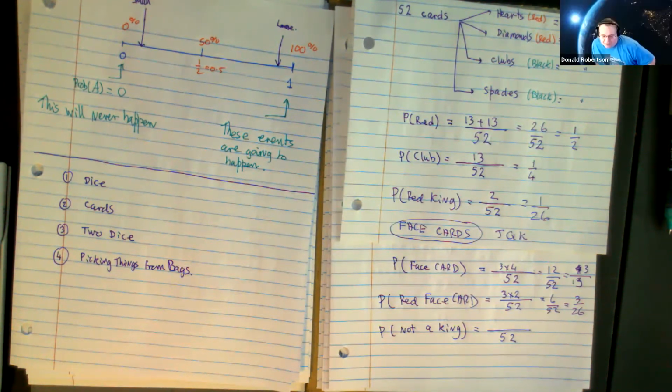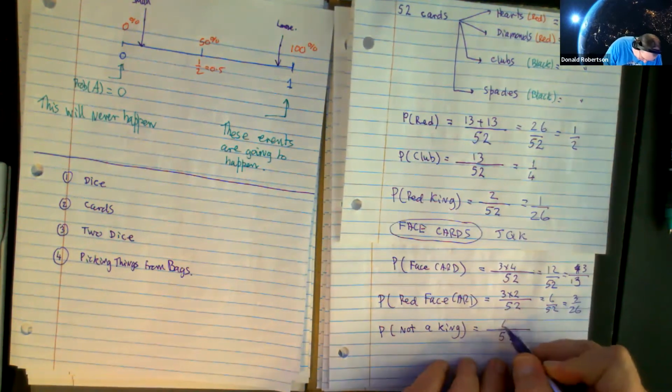How many cards in a deck are not a king? 48. Now, you could add up all the ones that are not a king, but couldn't you make your life easy? I know there's 4 kings because they're easy to count. So if I'm not a king, then I'm not those 4, which means I'm the other 48. Do you see my logic there? Take it away and what's left.